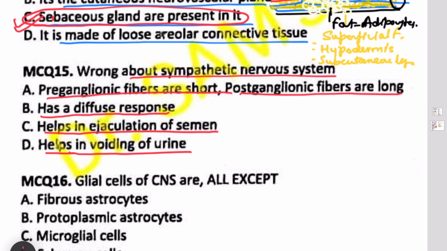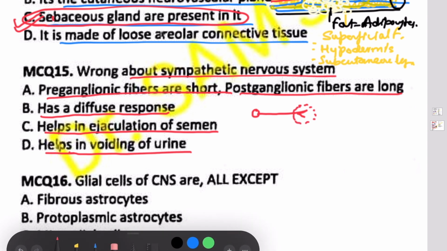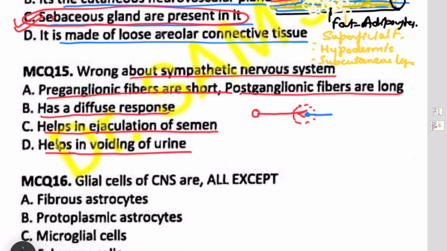So you know that the preganglionic fibers arise from the lateral horn of the spinal cord, and they relay in the sympathetic ganglion, which is like a beaded chain on the side of the vertebral column. From there, the postganglionic sympathetic fibers emerge, and these postganglionic fibers are really very long.